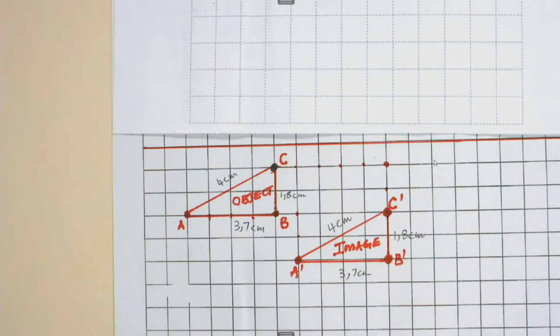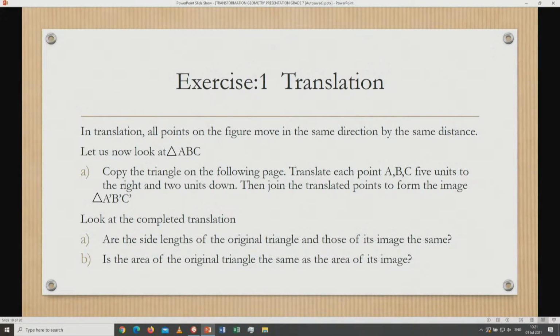So the answer there is: are the side lengths of the triangle and those of its image the same? The answer will be yes, they are the same. We have just measured them. Is the area of the original triangle the same as the area of its image?